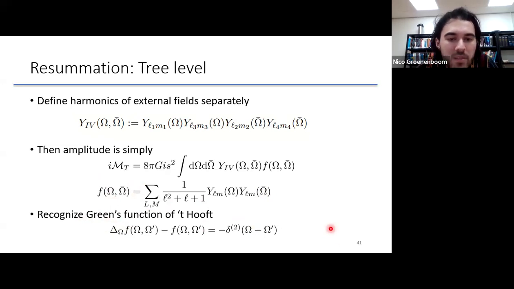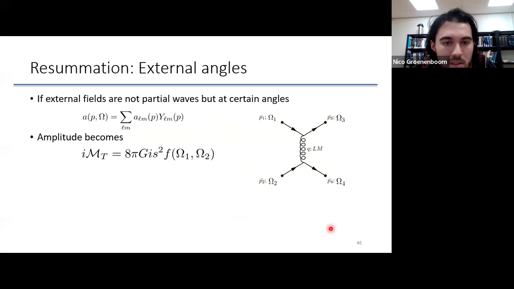This Green's function emerges naturally when we resum the partial waves, which is a very nice result from the resummation. Now we can move to the question that we couldn't answer in the minimal coupling, namely what if the external fields are not partial waves, but are at certain angles. We can do this by resumming the creation or annihilation operators with their respective spherical harmonics.